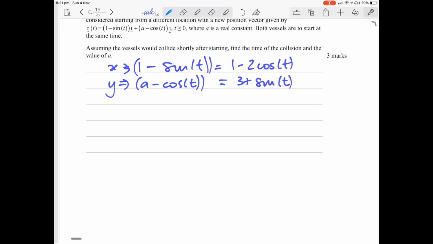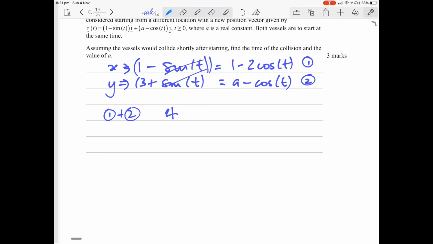Equation 1, equation 2. Okay, if we add them together, let's line them up the other way. So that was 3 plus sine of t, and the other one was a minus cos of t. So when we add them, the signs cancel, so we get 4 equals 1 plus a.